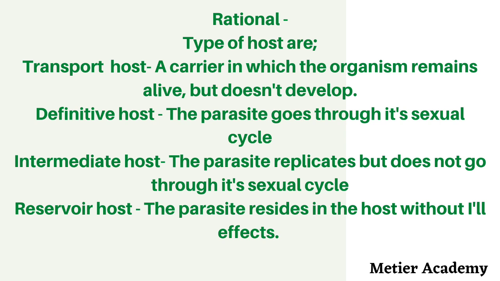The first one is transport host, a carrier in which the organism remain alive but does not develop, underline the word, does not develop. Definitive host means the parasite goes through its sexual cycle. Intermediate host, the parasite replicates but does not go through its sexual cycle. Reservoir host, the parasite resides in the host without ill effects.